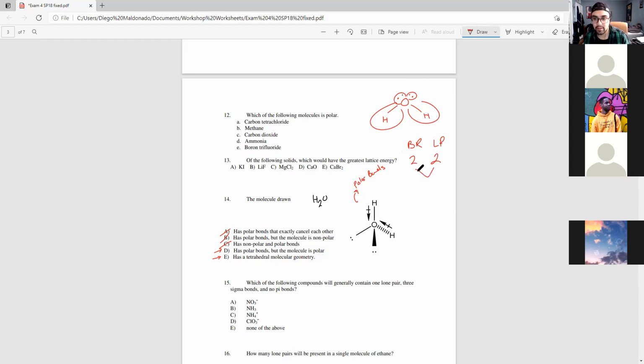In your chart, what is the molecular geometry when you have 2 bonded regions and 2 lone pairs? Tetrahedral, that's my electronic geometry. Oh, bent. Yes, bent. So my molecular geometry is bent.